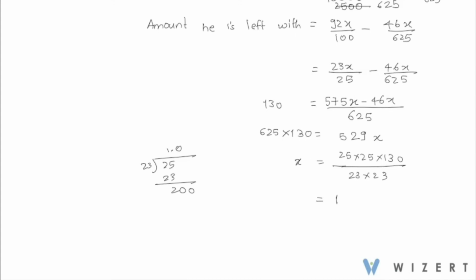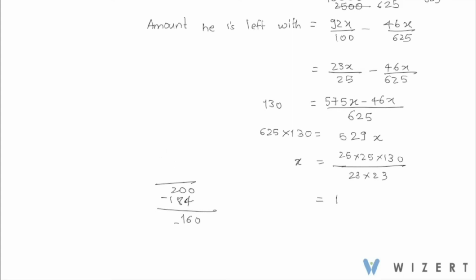So we have 23 multiplied by 8 we know is 184. So it should be 184 subtracted. So we are left with 200 minus 184 is 16, 160. So now we know 23 into 6 is 138. So this is going to be 6. So if we round it off, we get 1.09, 2 digits after decimal point.